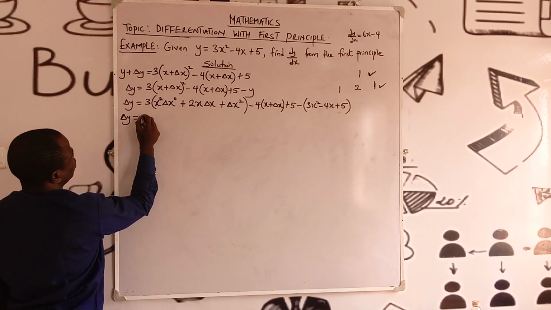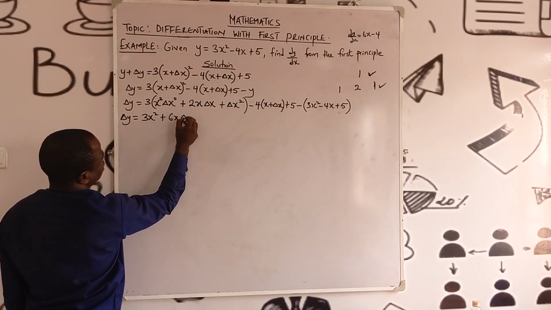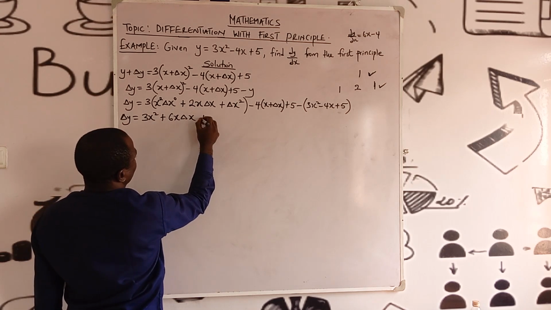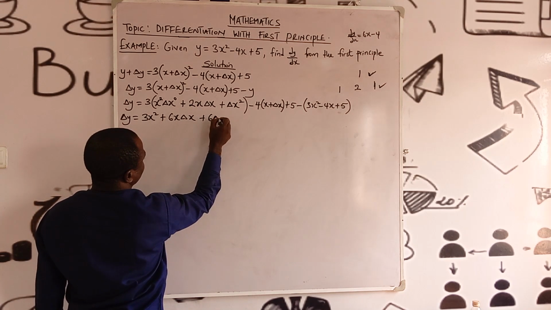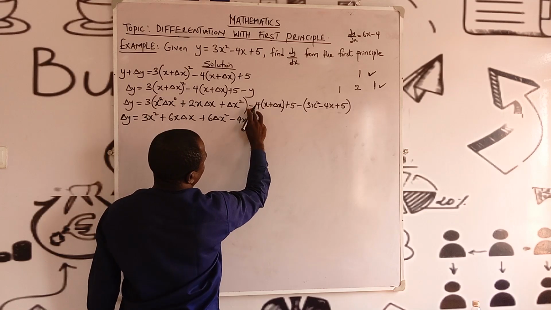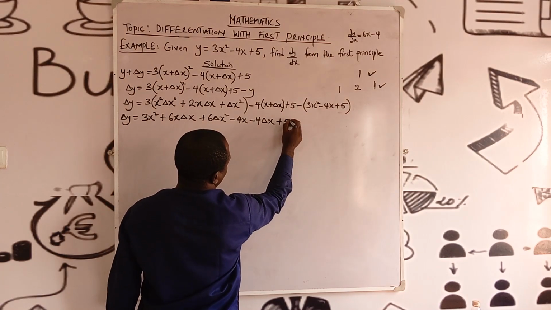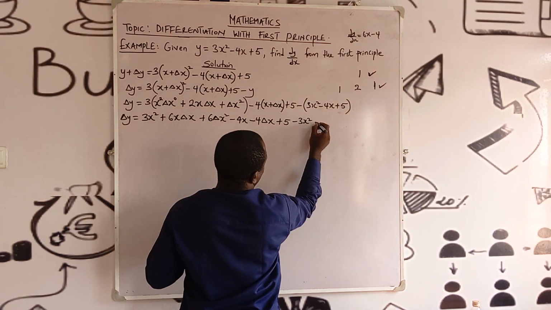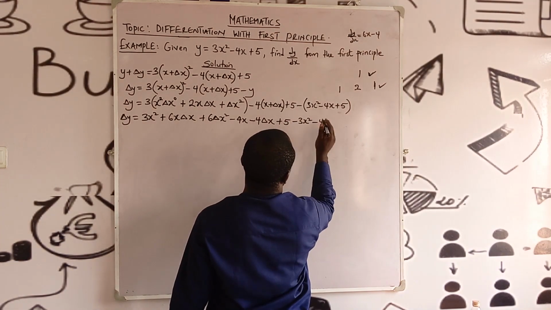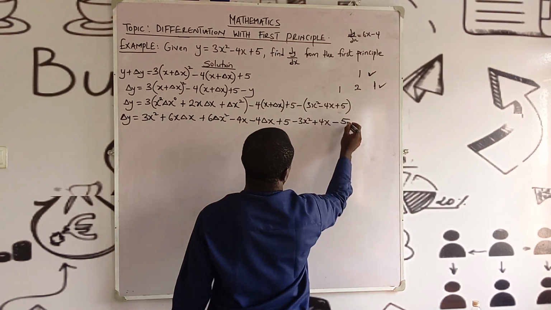You don't need to repeat it again. 3x squared plus 6, 3 times 2, 6x dx, because in multiplication we only multiply this number, plus 3 times dx squared, 3 dx squared, minus 4x minus 4 times positive dx is minus 4 dx, plus 5, minus 3x squared, minus 4x plus 5, negative and negative as positive, plus 4x, negative times positive as minus 5.